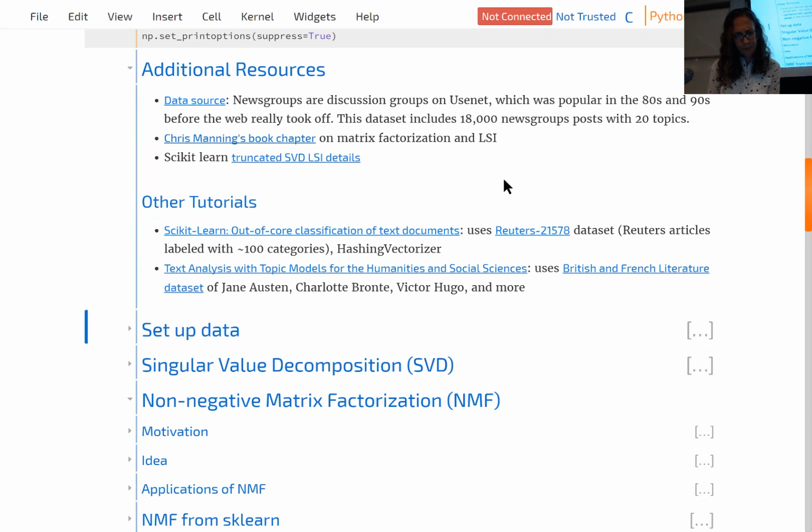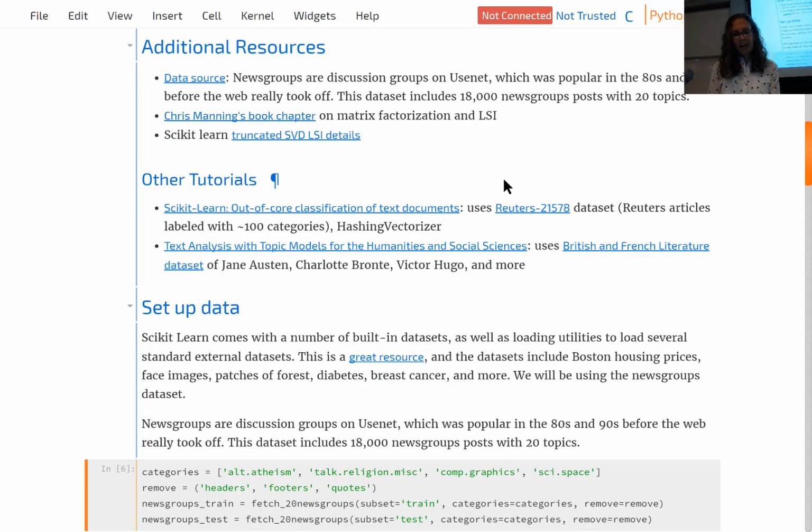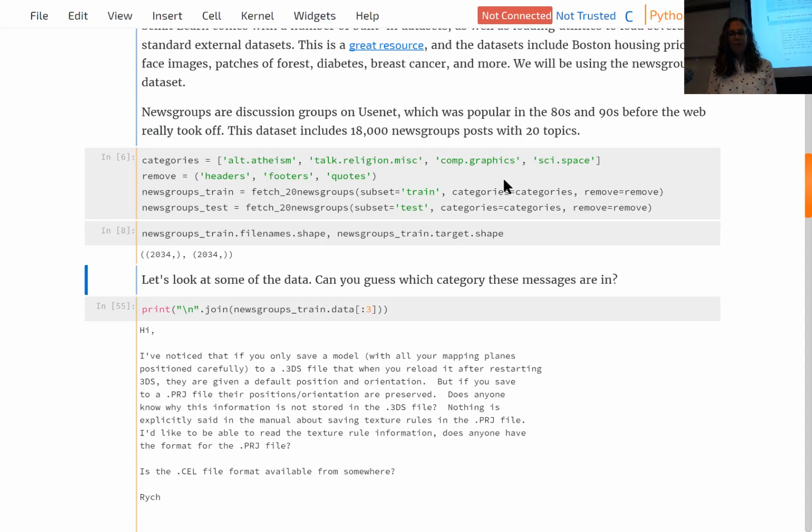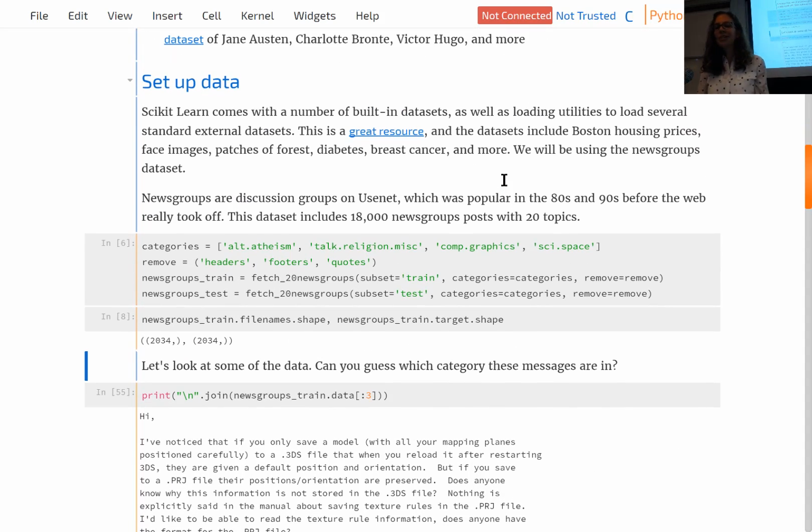Okay. So we'll be using a built-in data set from Scikit-learn today. I mentioned last time, Scikit-learn has a lot of different built-in data sets. And this is newsgroups. This is from before the World Wide Web took off. These were discussion boards, and they're still in existence, where people are talking about different topics.